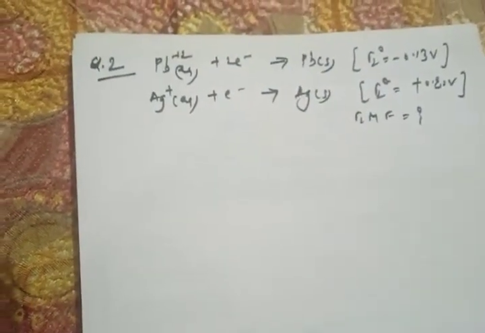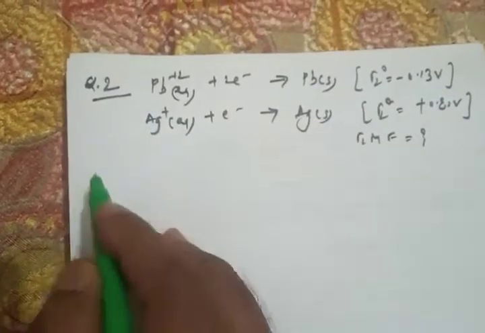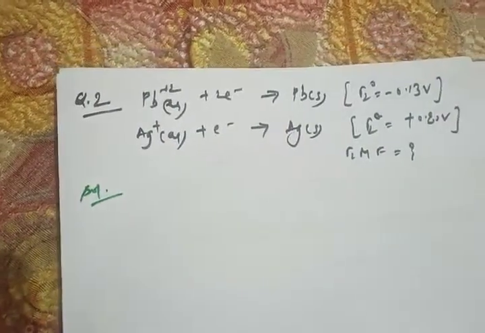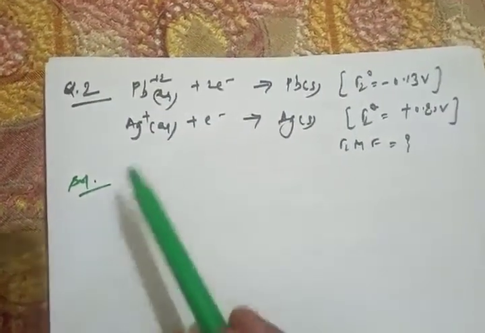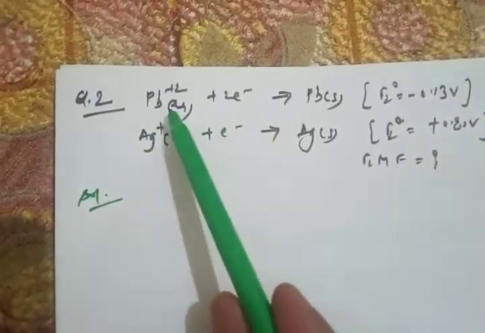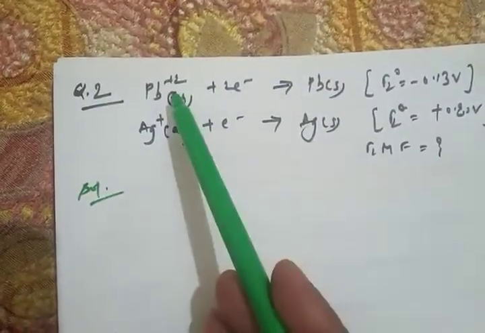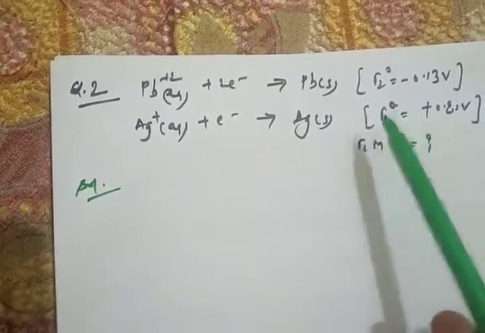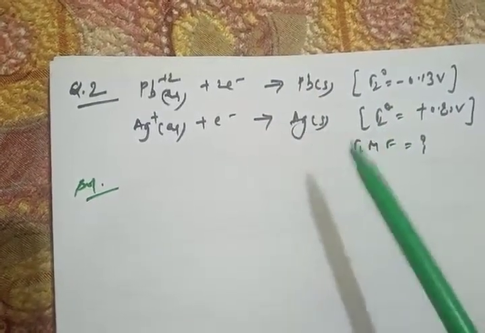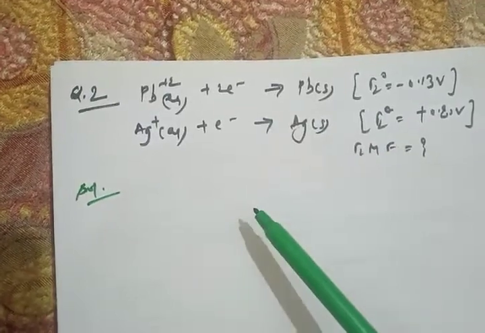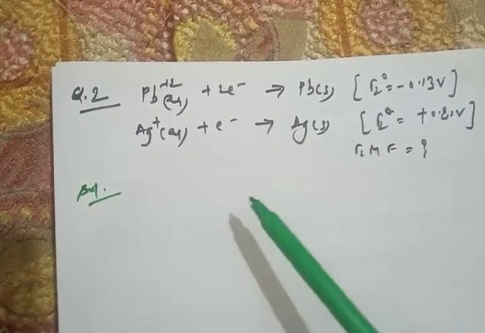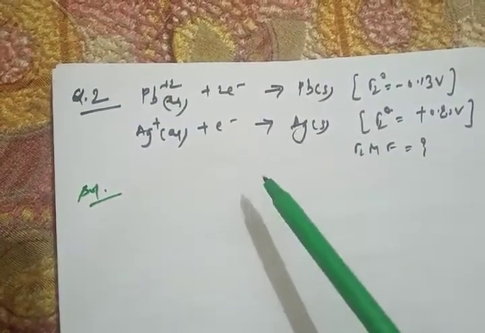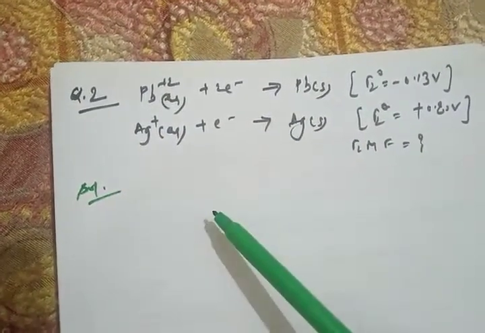Got it? Now in this case we have two values. One value is negative and the other value is positive. As per these reactions, this is reducing and this is also reducing, so both values are reduction potential values. But for the complete cell there is an oxidation also. While calculating the EMF you have to write the reduction potential value which is given, but we have to find out which one is oxidized and which one is reduced.